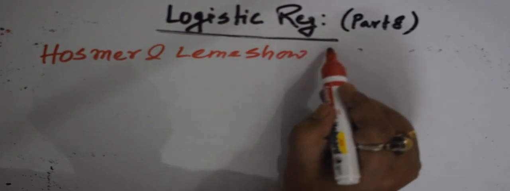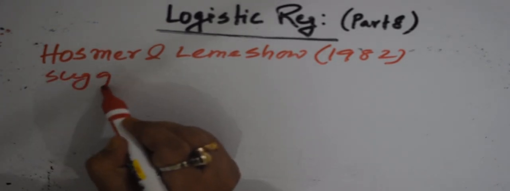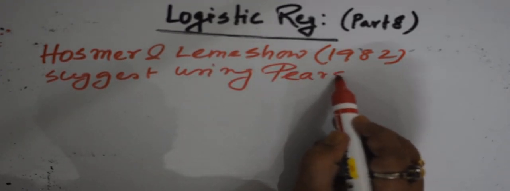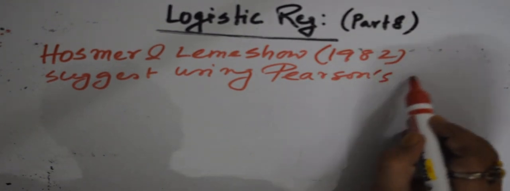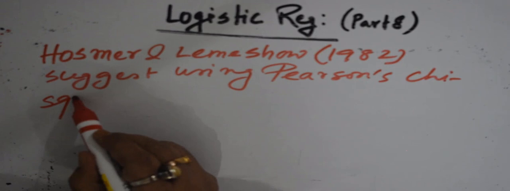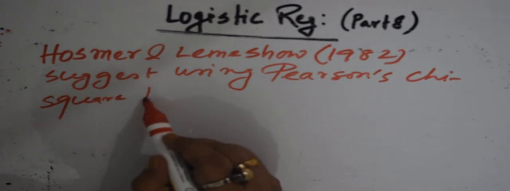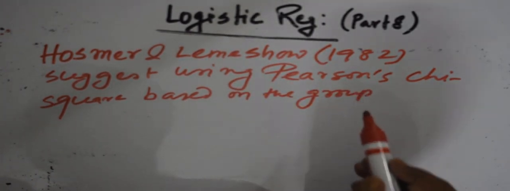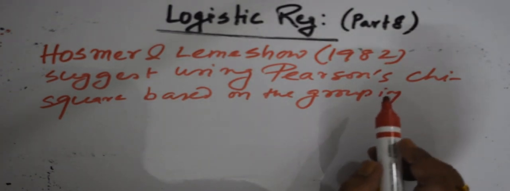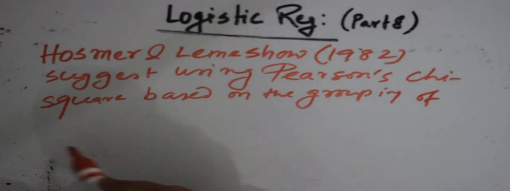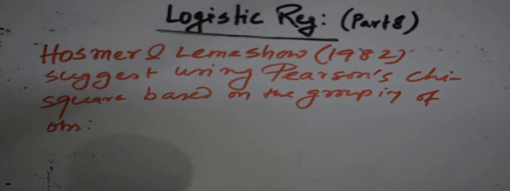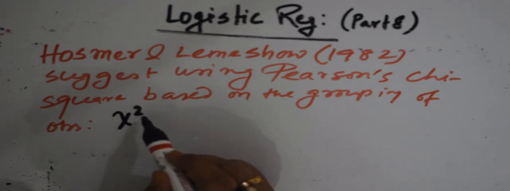Hosmer-Lemeshow in 1982 suggested using a Pearsonian chi-square based on the grouping of observations.